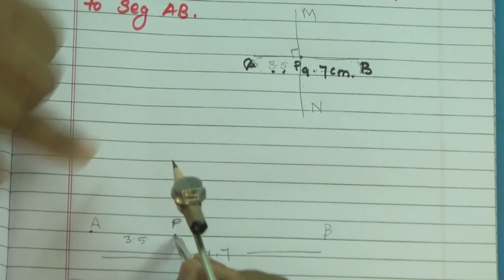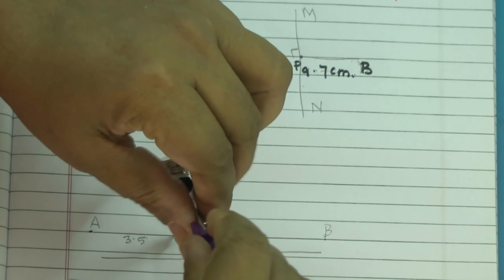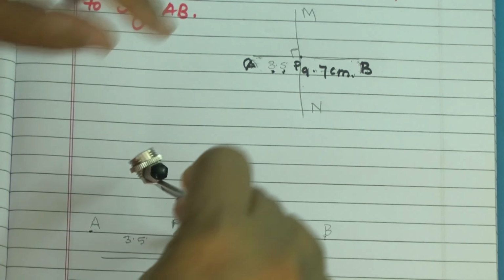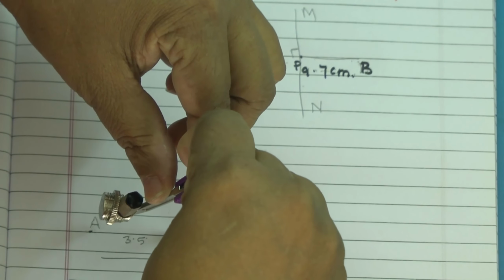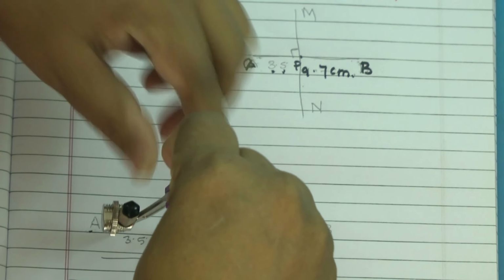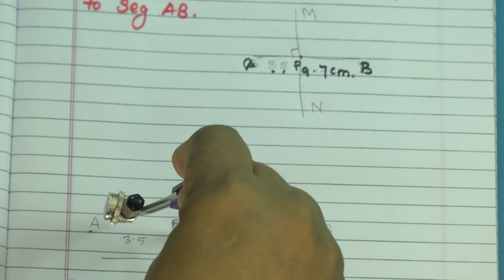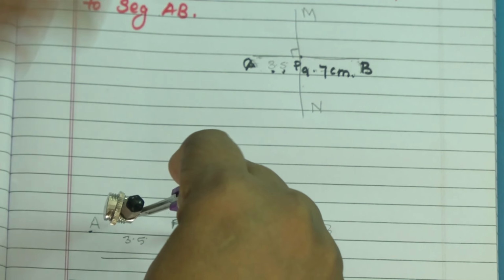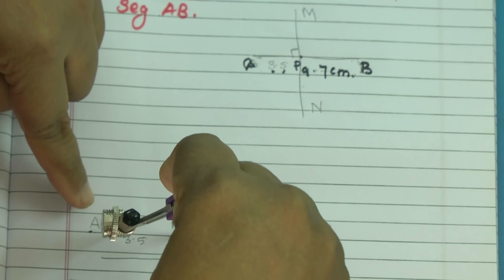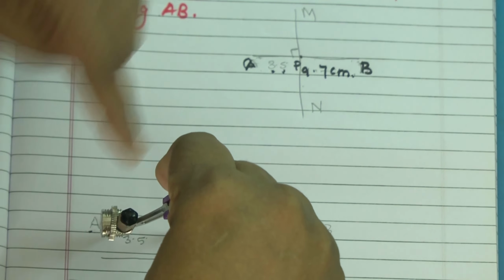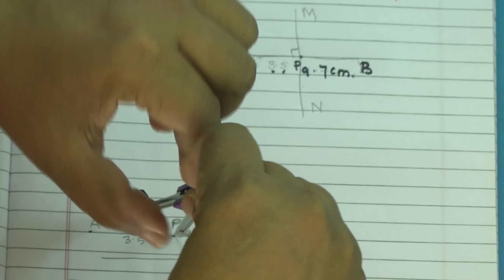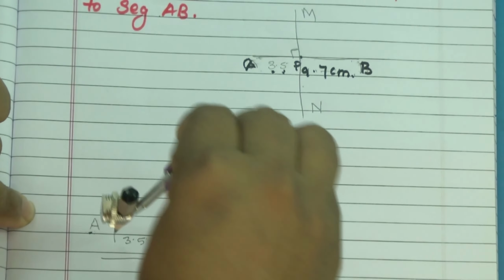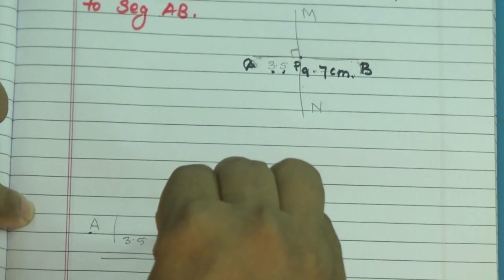See, I am keeping the pointer exactly on the point P. Okay. Now I have to give one arc of your desired length, whichever length you want, to the right of the point P and to the left of the point P. See, I am giving one arc here and one arc here.